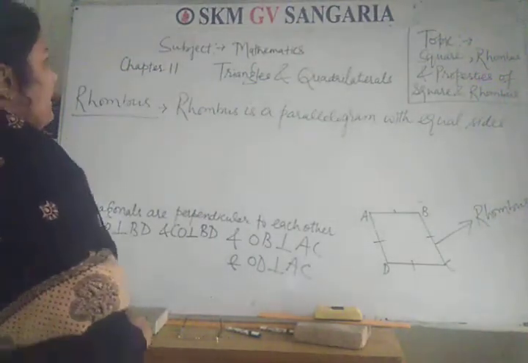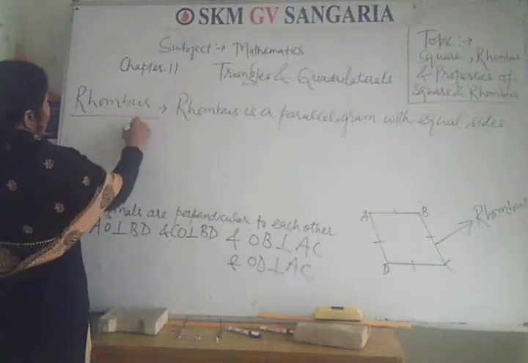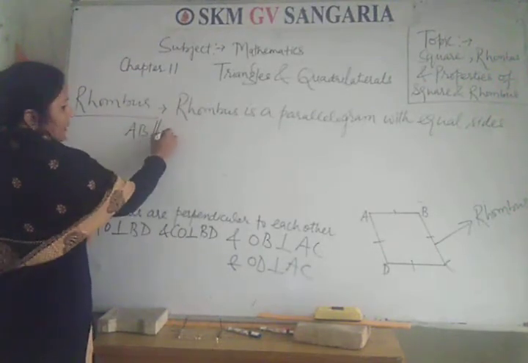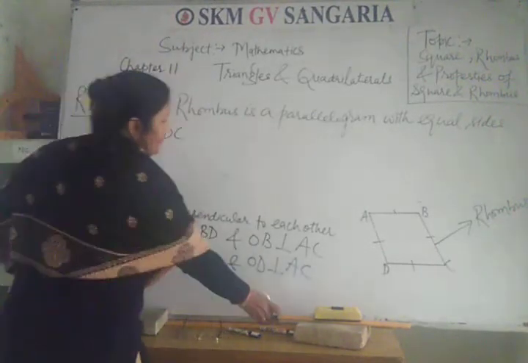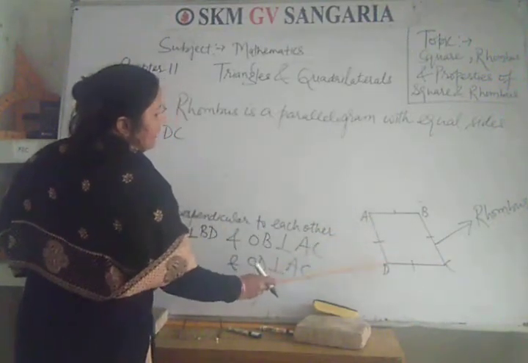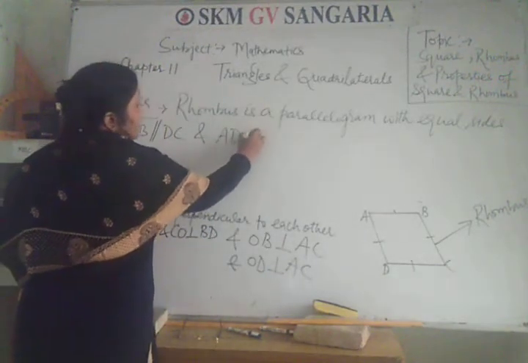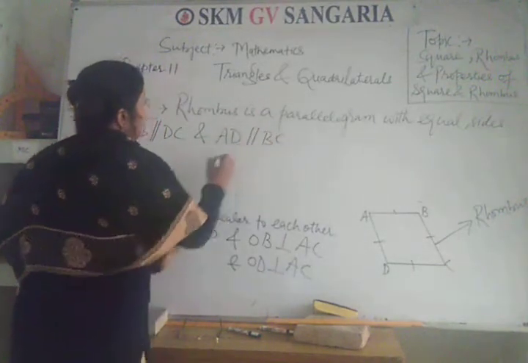Okay, a rhombus is a parallelogram with equal sides, so AB is parallel to DC, and AD is parallel to BC.